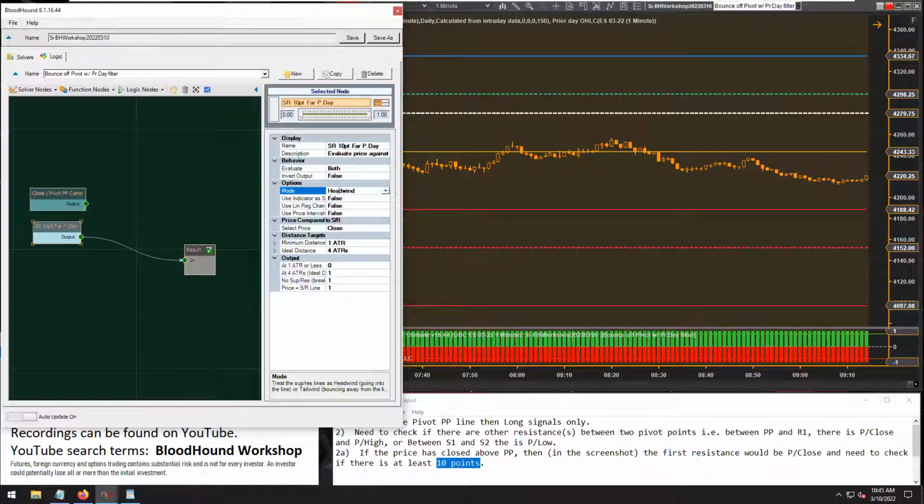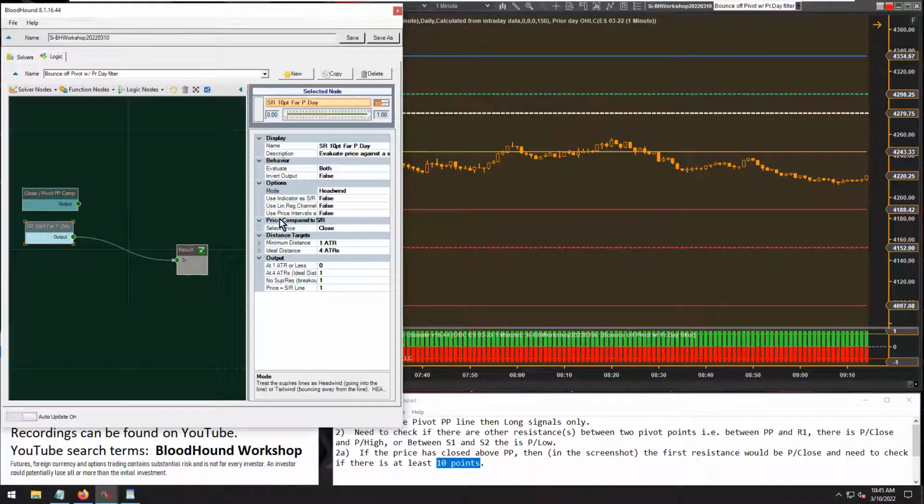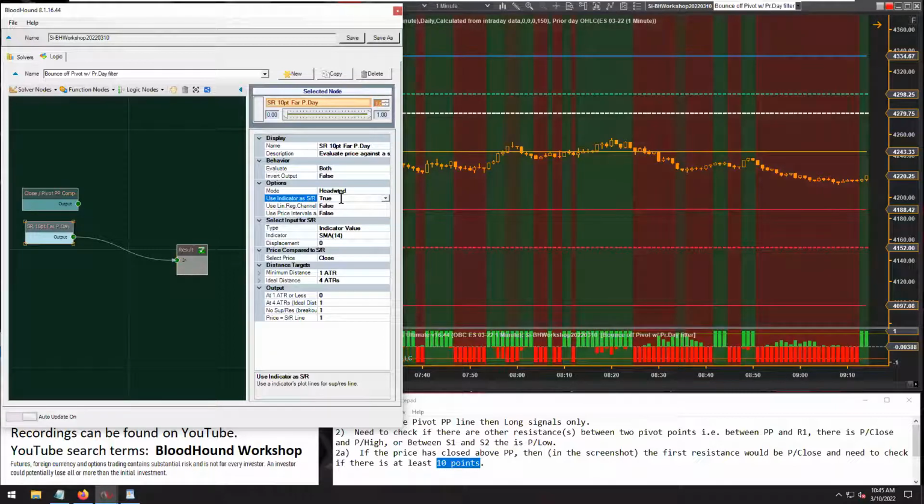So we want to use the headwind mode to check that there's enough clearance, enough distance away to trade into a resistance line. All right. And let's see here. So for the resistance lines, we want to use an indicator as our support resistance line. So we're going to set that to true.